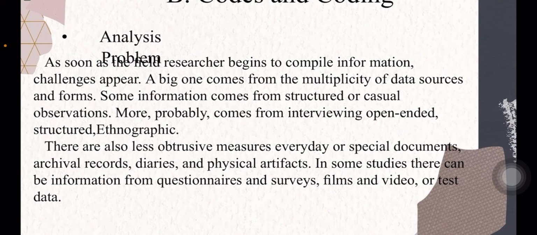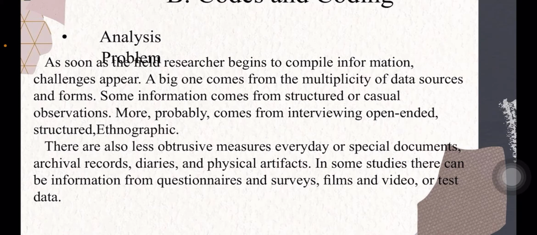Analysis problem. As soon as the field researcher begins to compile information, challenges appear. A big one comes from the multiplicity of data sources and forms. Some information comes from structured or casual observation. More probably comes from interviewing: open-ended, structured, ethnographic.